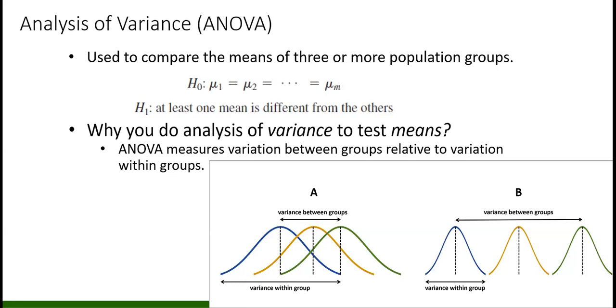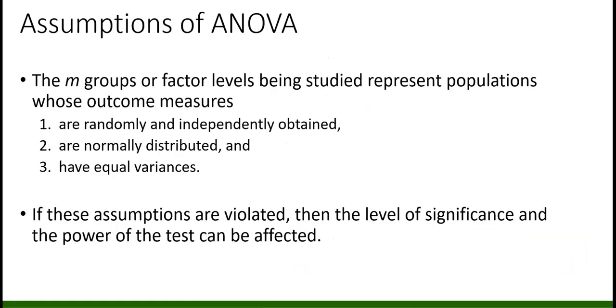The third assumption is that all these samples should be obtained randomly and independently. They should be normally distributed and have equal variances. If any of these assumptions are violated, the power of ANOVA can be affected, so you should go back and double check your assumptions.